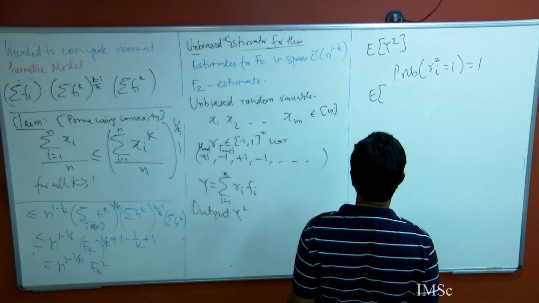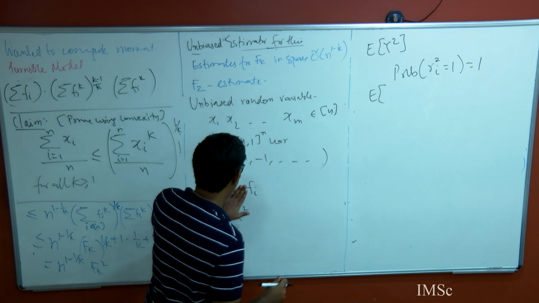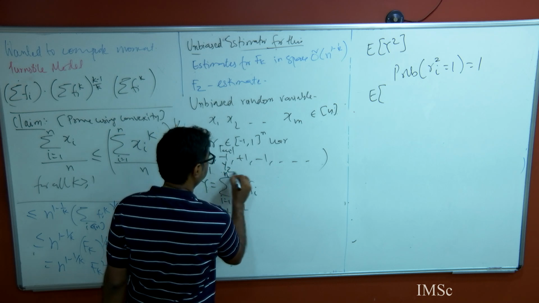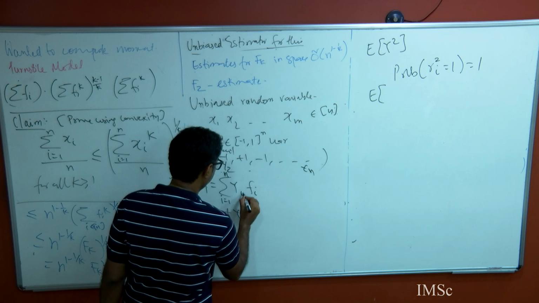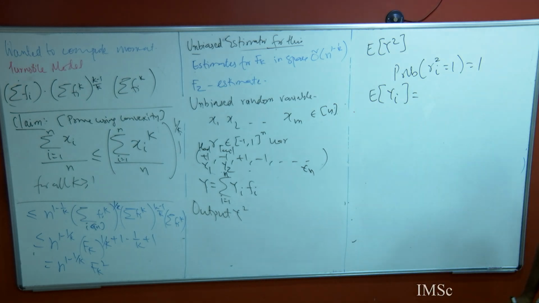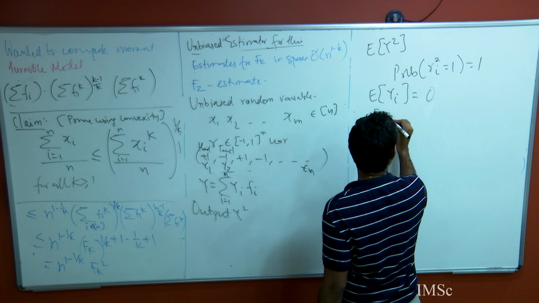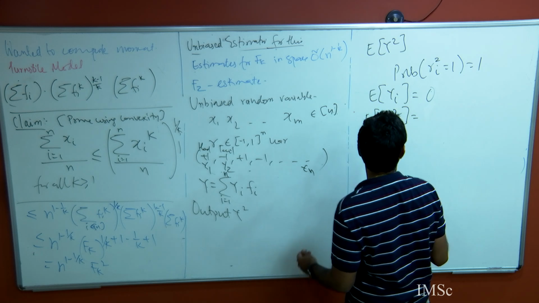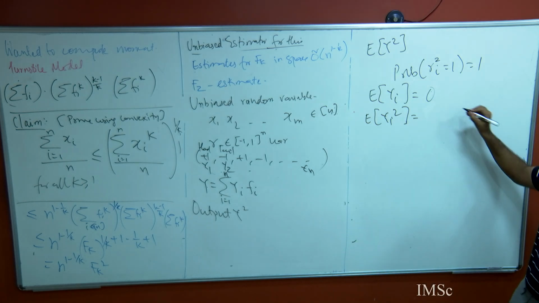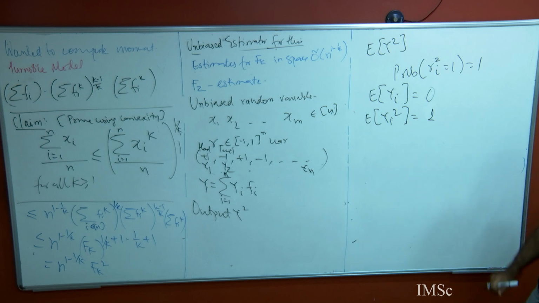Okay, so let's do it. Maybe let's use not Ri but Y1, Y2, ..., Yn as my random variables, with Y = the sum of Yi fi. What is the expectation of Yi? It is 0, since it is +1 with half and -1 with half. What is the expectation of Yi squared? It is 1, because it takes 1 or -1.